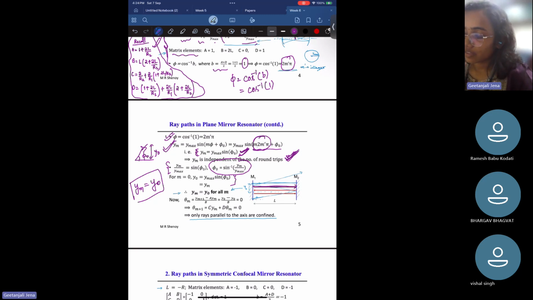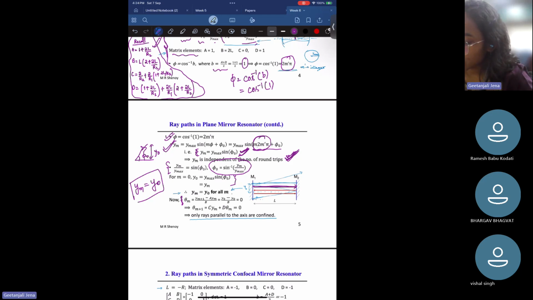And if you want to find out what theta m is, this is the equation for theta m. Theta m is nothing but y m plus 1 minus a y m divided by b. And as we have seen, for any value of m, y m is always y0.